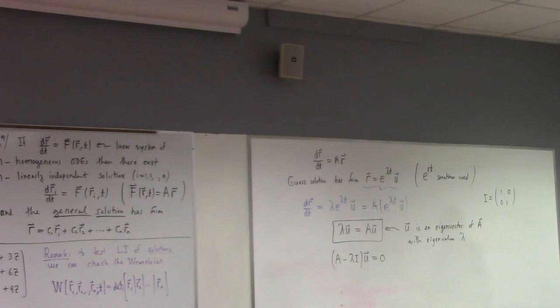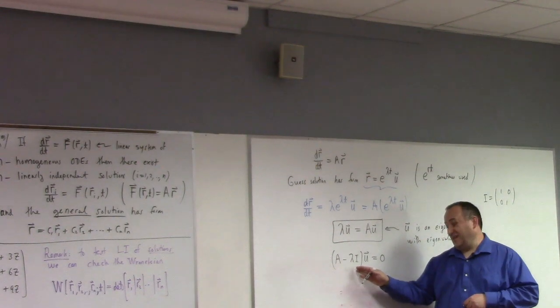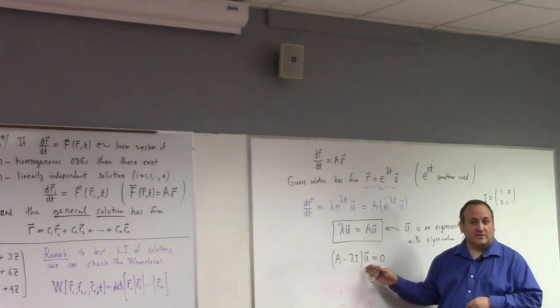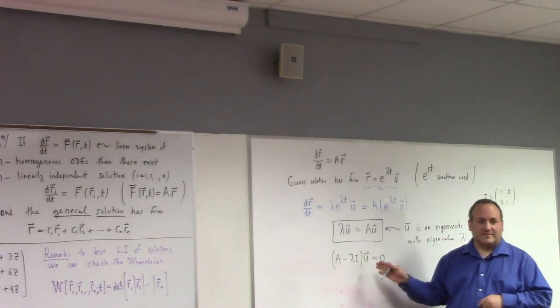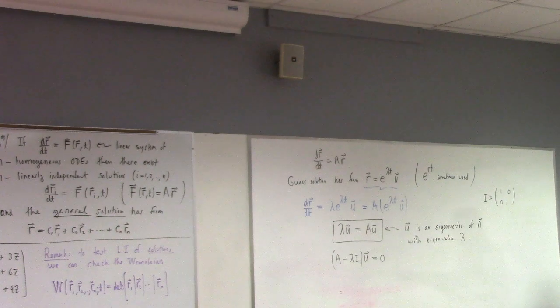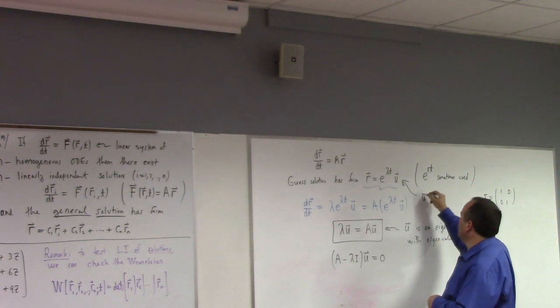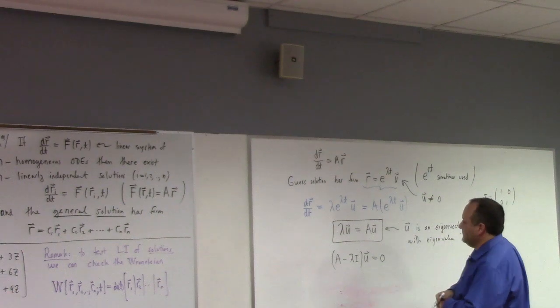And in short, we have this matrix, A minus lambda I, times a vector. Now, to make this interesting, do we want u to be 0? If u is 0, that's not interesting. 0 is a solution, but we're not after that. We'd like a non-zero solution, right? So we're going to assume u is not equal to 0.